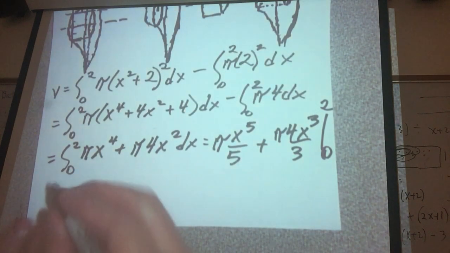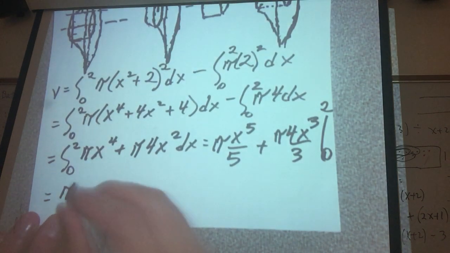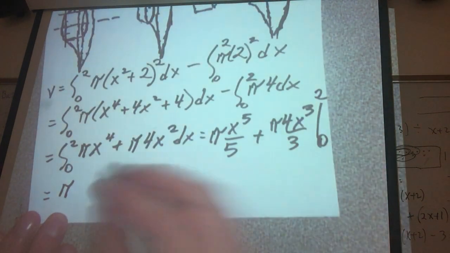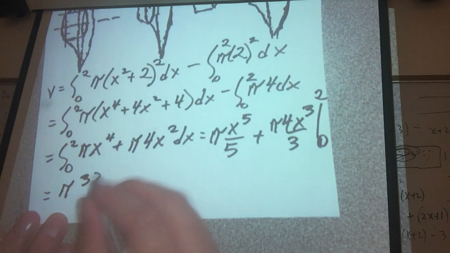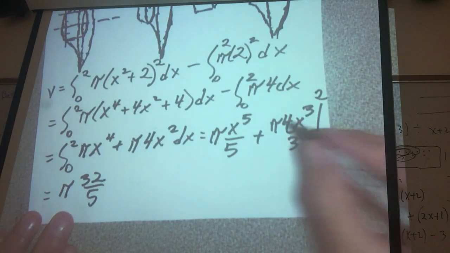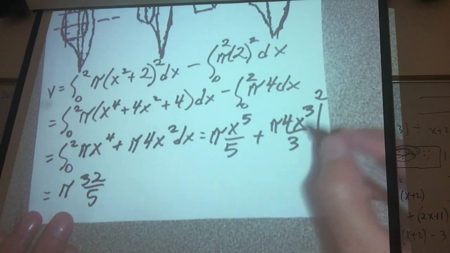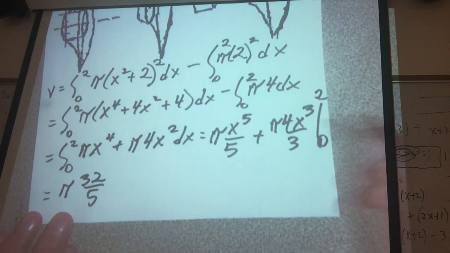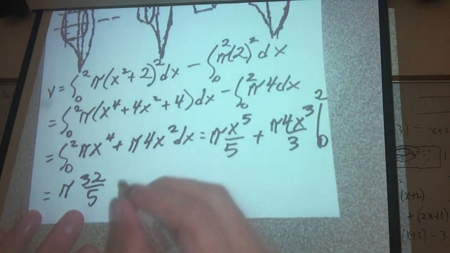Okay, so this is going to equal pi times, all right, so 2 to the 5th is 32, and then divided by 5, and 2 times 2 times 2 times 2 times 2 is 2 to the 5th, and so that's 32 pi divided by 3.